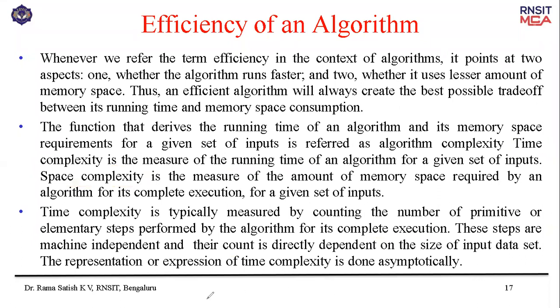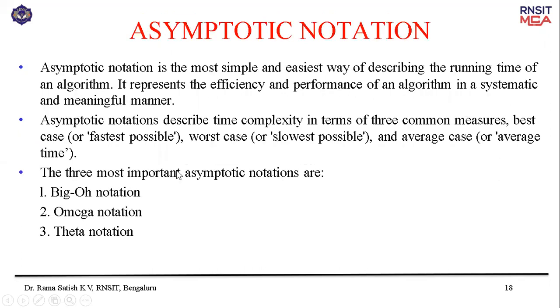Of course, space complexity is not considered much because space you can buy, you can add more memory, RAM chips. That is not a problem. Problem solved. But time you will not get. Time is a very important thing that you will not get. So time complexity is more important than space complexity. That is what you should understand.